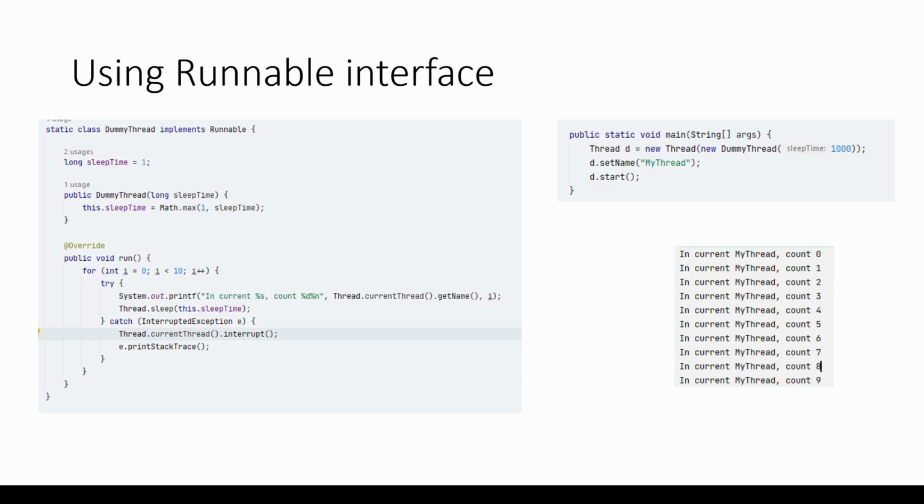So here I am passing new DummyThread, and DummyThread is of type Runnable because it implements the Runnable interface. So new Thread will create a thread which has the same definition as DummyThread, and I am setting the name of that thread, which is my thread, and calling d.start, and we will get the output as the current thread name and count. It will wait for 1 second, and then we will get count 1, count 2 till count 9.